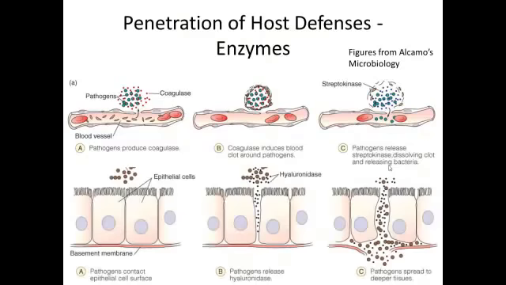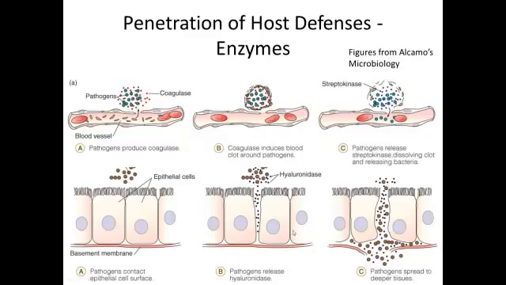Now here's another situation. Suppose we've got epithelial cells lining the mucous membrane, and we always have a basement membrane. This keeps stuff out. Well, a pathogen grabs a hold of these epithelial cells and produces hyaluronidase. That breaks down hyaluronic acid, which holds cells together.